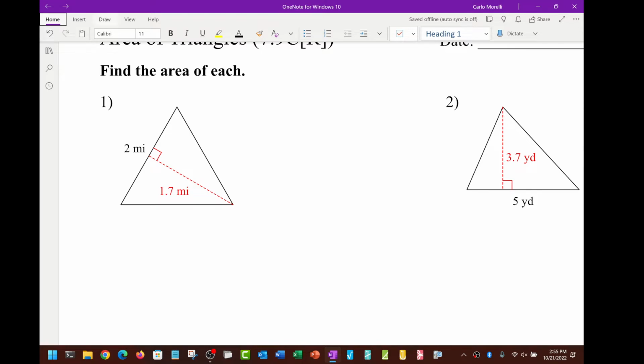And for number one, we're going to make sure that we remember what the formula is.